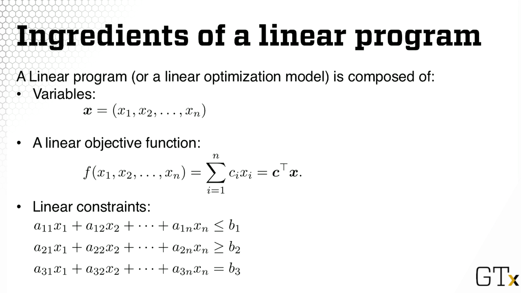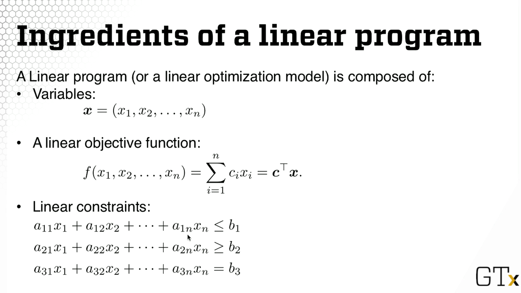On the left, for example, the first constraint is a linear function of x from x1 up to xn. It has coefficients, and because this is the first constraint, we call them A11, A12, up to A1n.